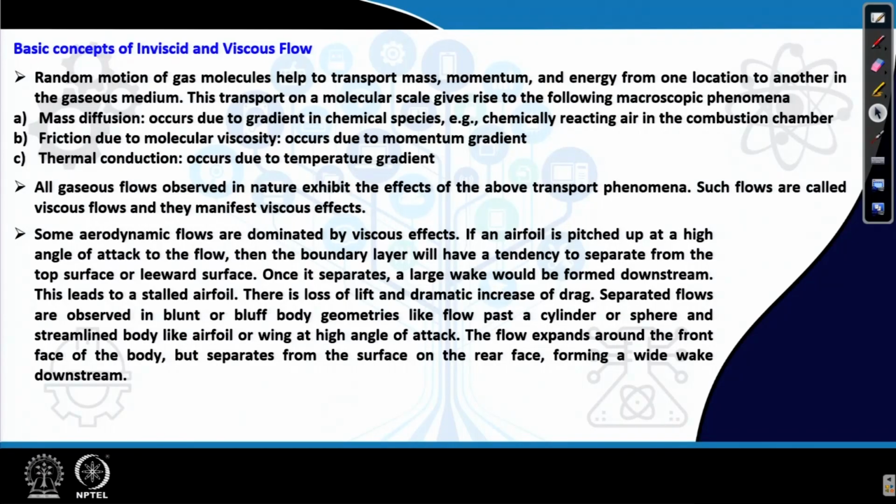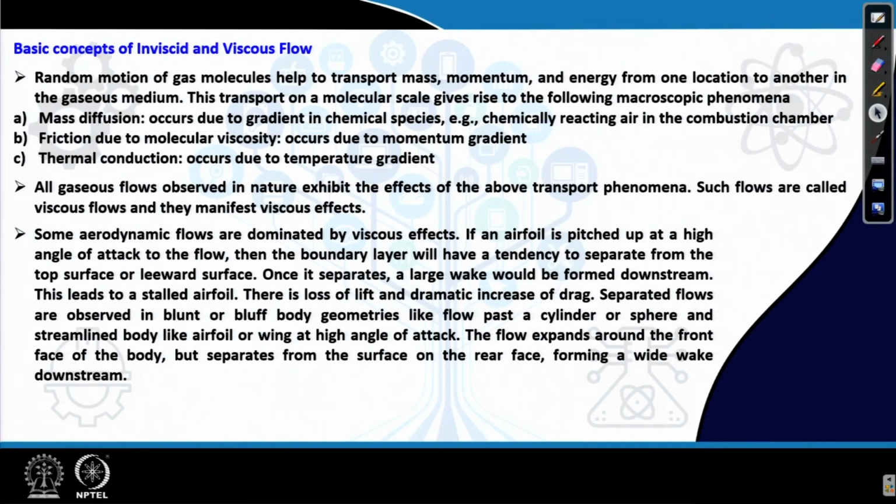Let us look at the basic concepts of inviscid and viscous flows. To begin with, we recall the random motion of gas molecules, which helps to transport mass, momentum and energy through the fluid medium from one location to another. And the transport on a molecular scale gives rise to some of the macroscopic phenomena that we are aware of.